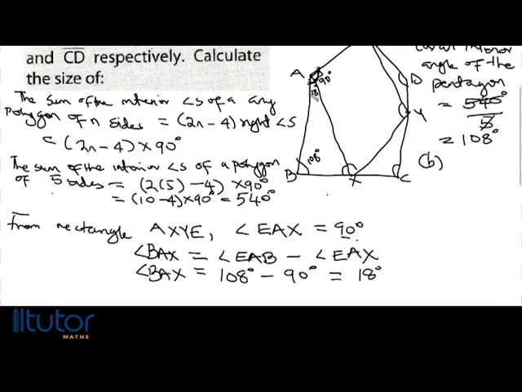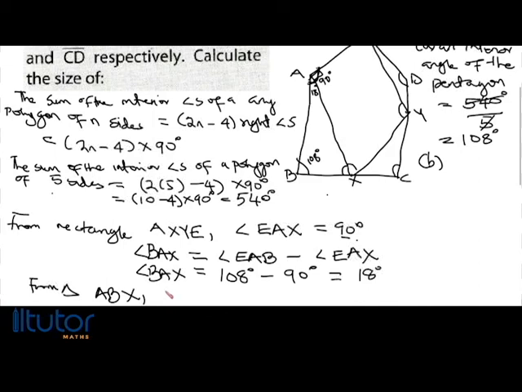So now for this triangle BAX, we know this angle and we know this angle, and we are left with this unknown angle that we've been told to find. From triangle ABX, we have two known angles and one unknown.